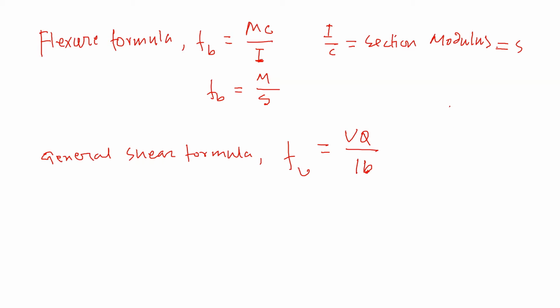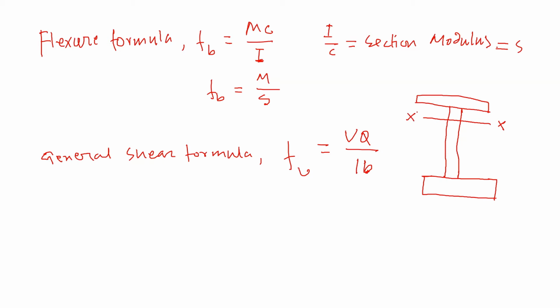Let me give you an example. Imagine that we have a complex section like that, and we want to see what the vertical shear stress is at a certain section.